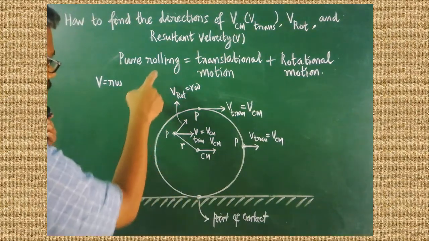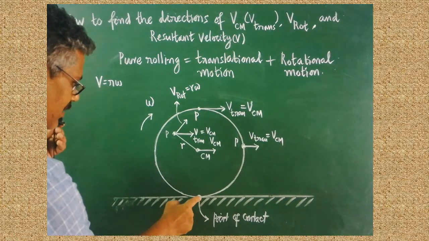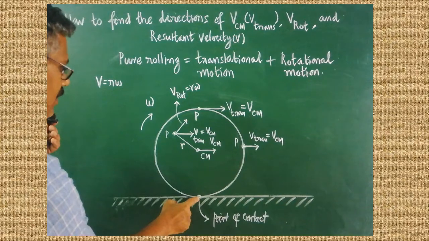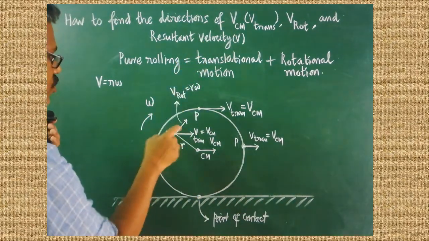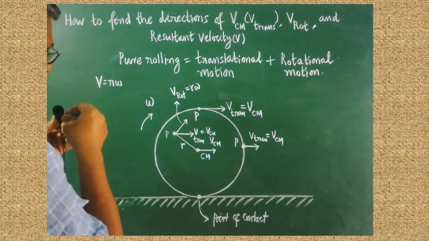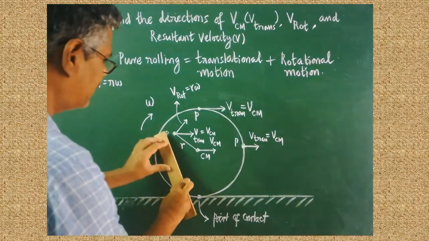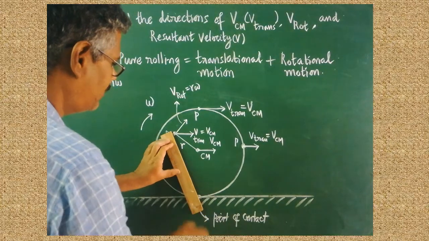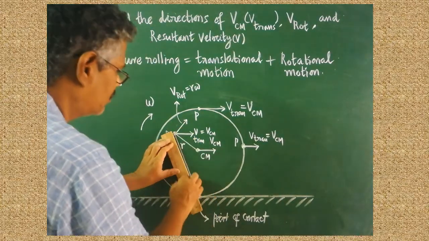So in the discussion of pure rolling motion, that point of contact is very important. With the help of the point of contact alone, we are able to find out the direction of the resultant velocity of both. Again, with respect to the point of contact, I am going to find out the direction of V. I am going to connect the point P and the point of contact. Are you clear?